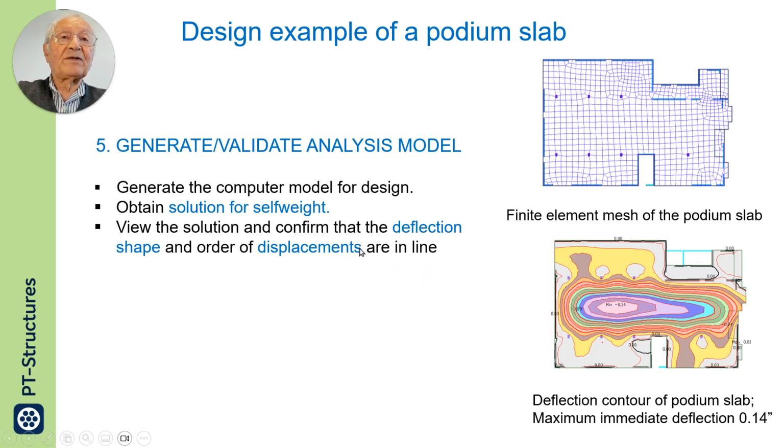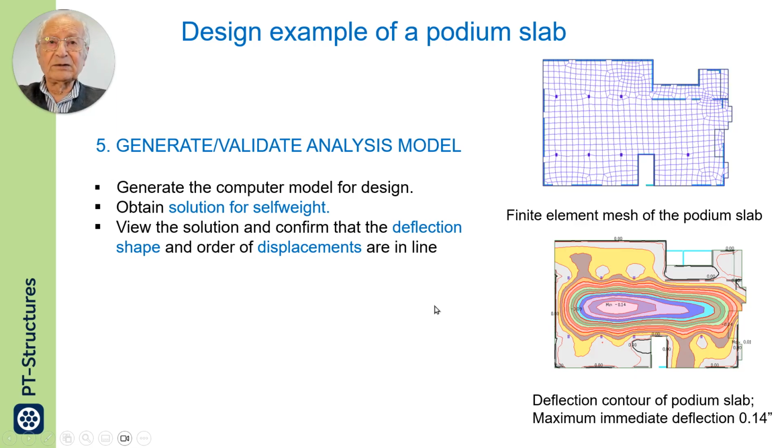The objective of the self-weight deflection check is to verify the displacement shape and visually, based on engineering judgment, your engineering judgment as the designer, to make sure that the deflected shape under self-weight looks reasonable.